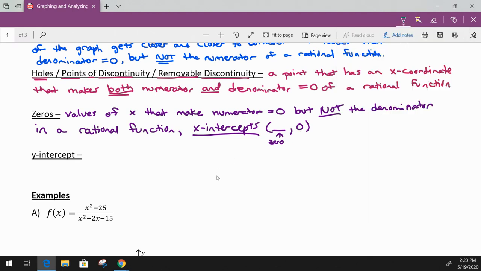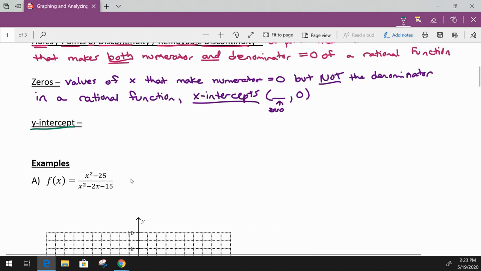The next definition is y-intercept. Y-intercepts are pretty easy to find. You basically just substitute 0 for x. A y-intercept is a point on the y-axis that has an x-coordinate of 0.